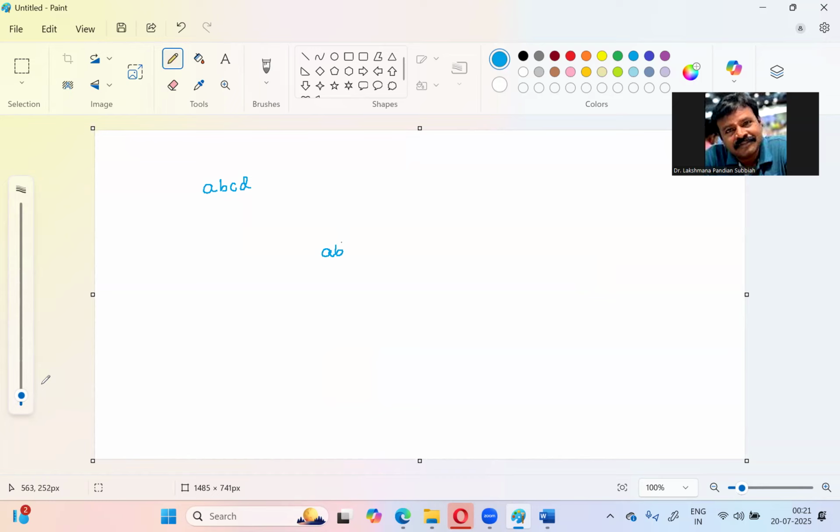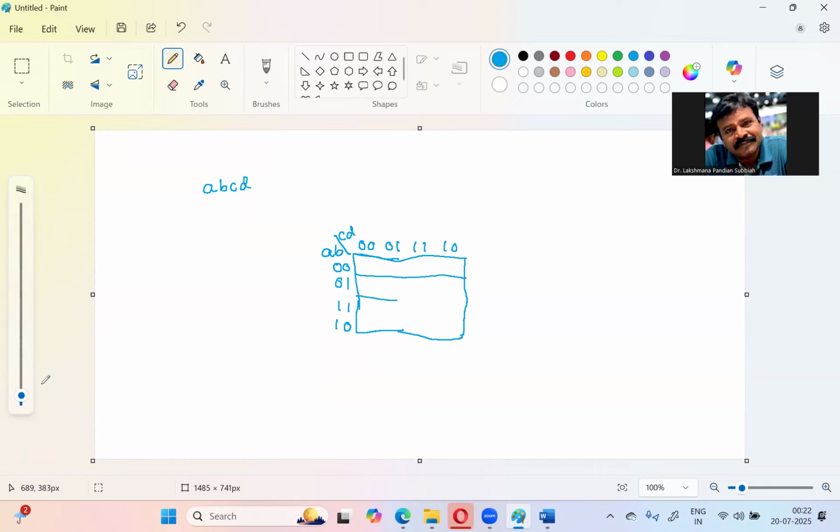Now all possible combinations: here we have 4 possible combinations, and here also 4. So 4 into 4, 16 possible combinations. So that is 0 0, 0 1, 1 1, 1 0 in the gray code sequence. Similarly here also 0 0, 0 1, 1 1, 1 0.